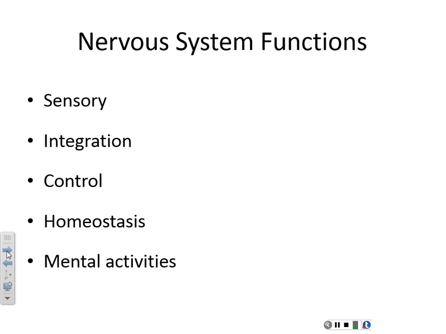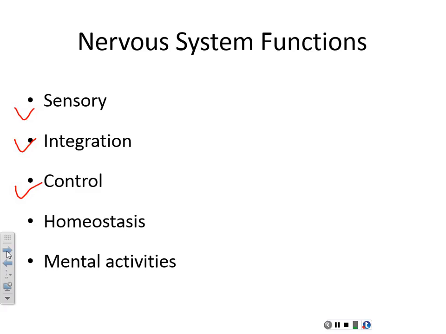Then it will send out messages to either glands or muscles to perform an activity that maintains homeostasis, right? So when you talk about those functions, you have to flesh it up a little bit and talk about what that function involves for each system we talk about.